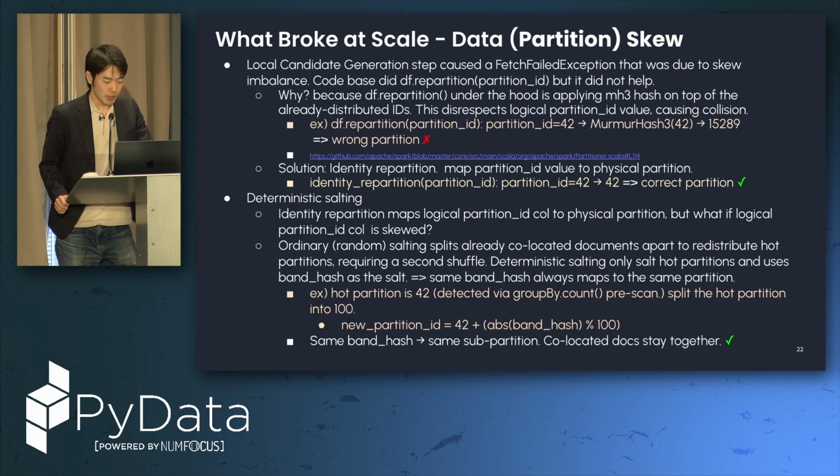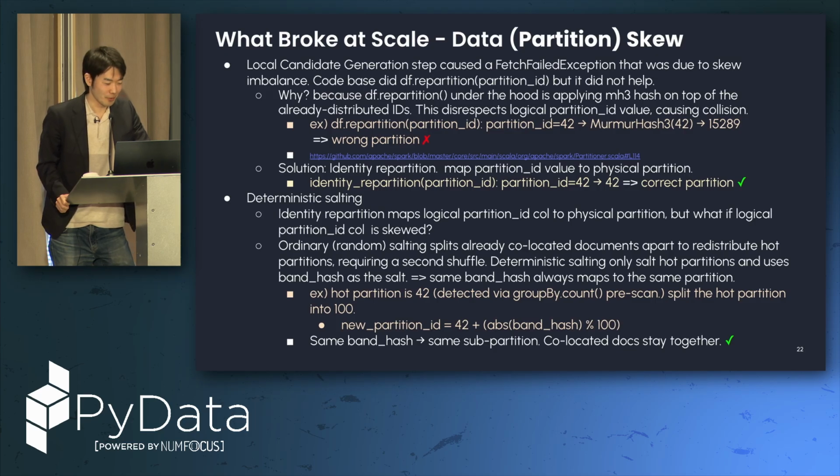Okay, data skewness. I'm curious if anybody also experienced a similar data skewness problem or partition skewness in your Spark experience, if you have. No one? Okay, some of you.